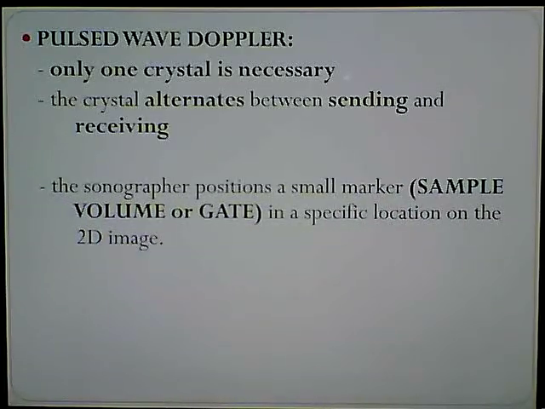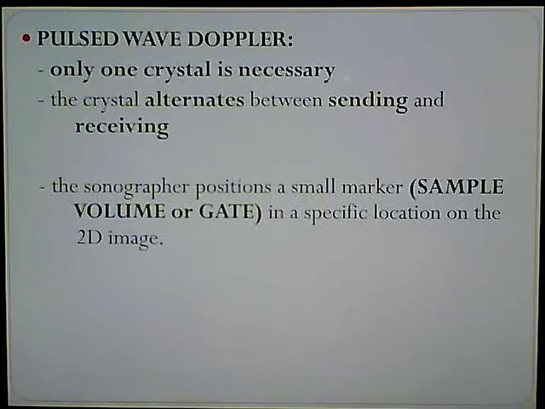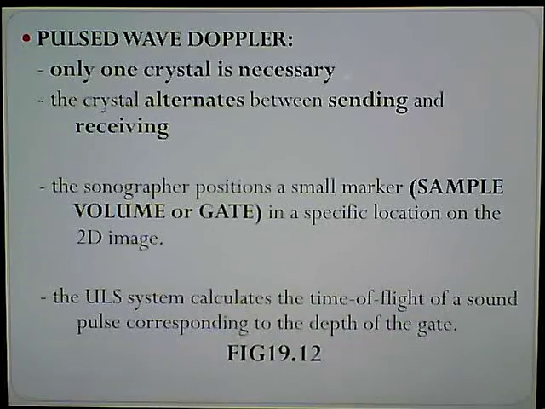The sonographer positions a small marker, a sample volume, or a gate. That's the two words. In a specific location on the 2D image. The ultrasound system then calculates the time of flight of the sound pulse corresponding to the depth of that gate.